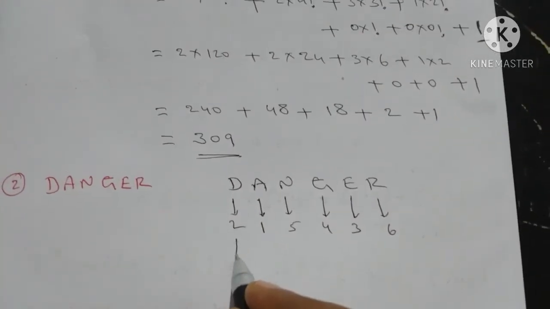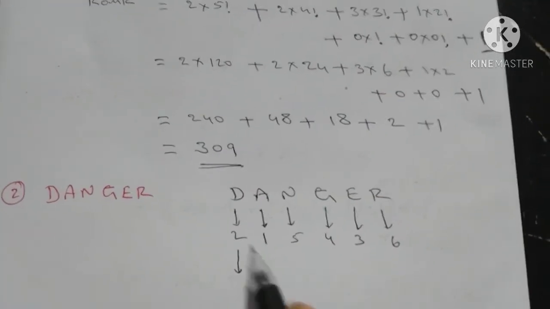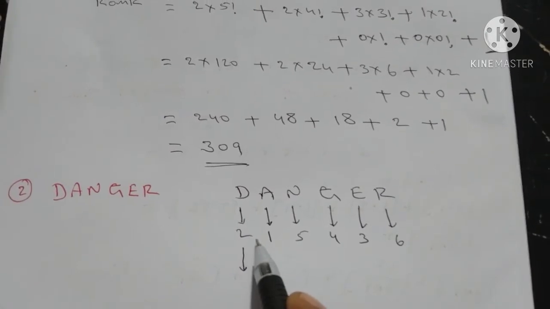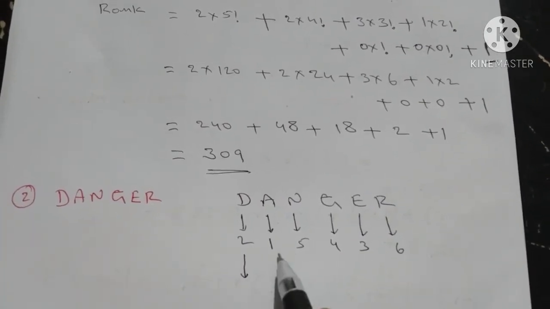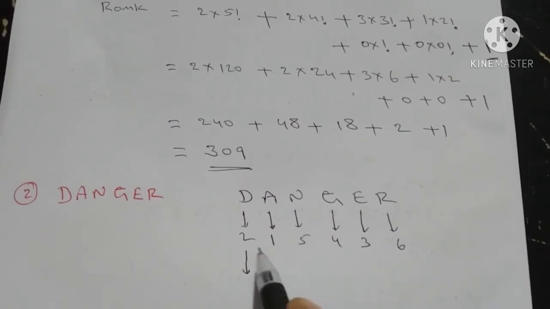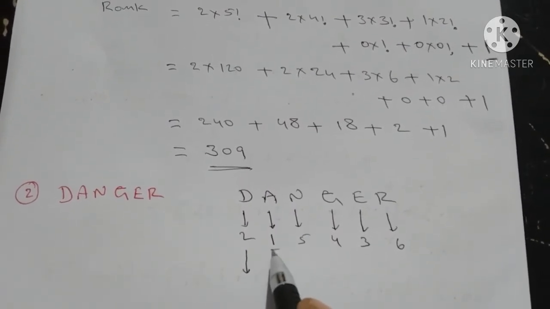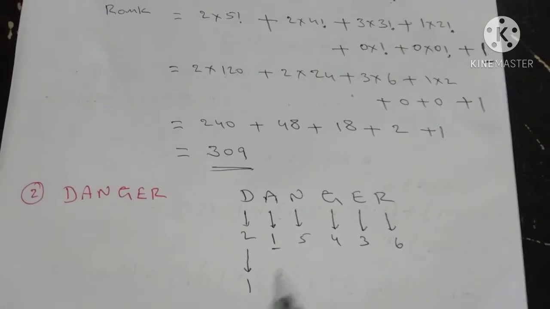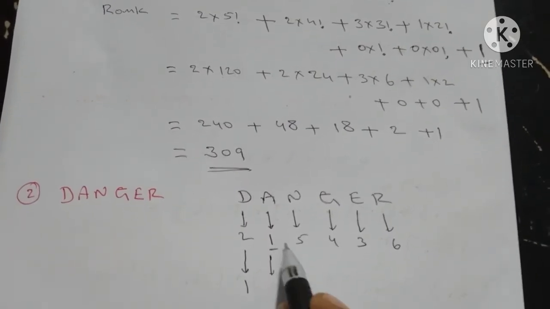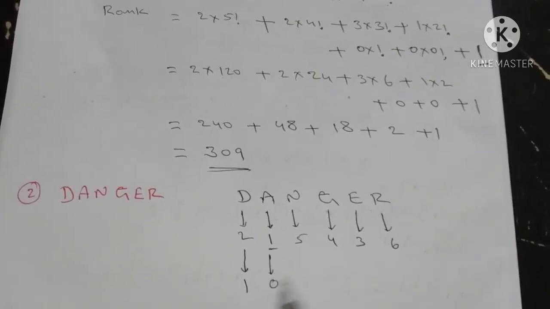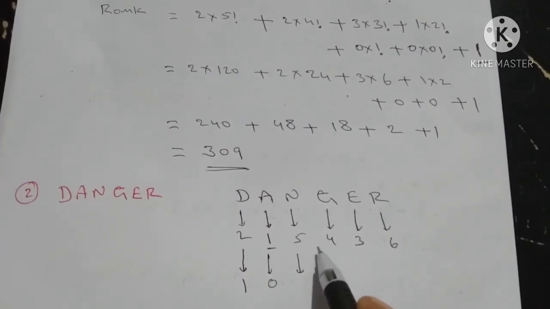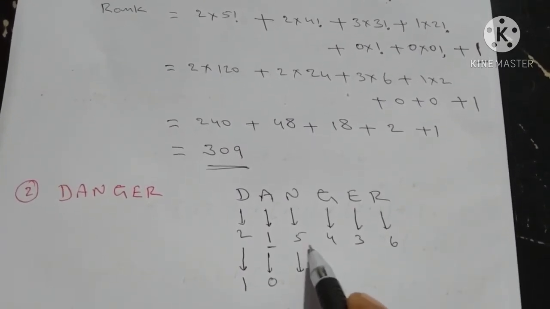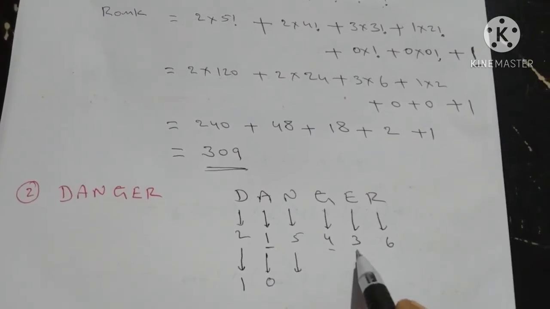Now, for 2, the number of lesser values of 2 on the right side. How many lesser values on the right side? Only 1. So for 1, the number of lesser values is 0. For 5, how many lesser values? 4 and 3 are lesser values.